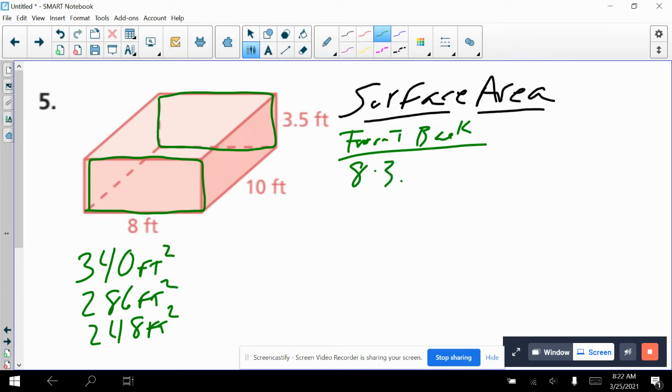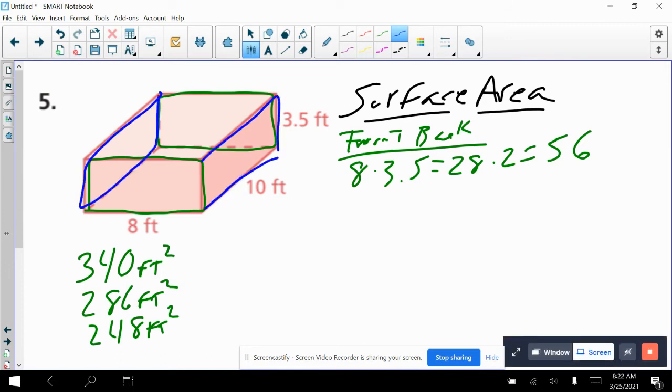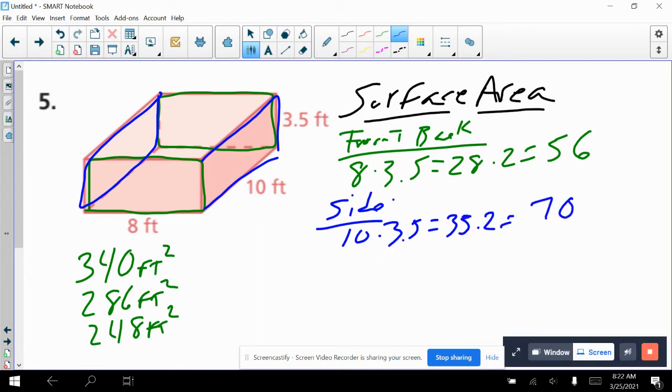All right, 8 times 3.5 is going to give us 28 times 2 is going to give us 56. Okay, very good. What about the side here? What is this measurement? 10 times 3.5 will give us 35 times 2 is going to give us 70.